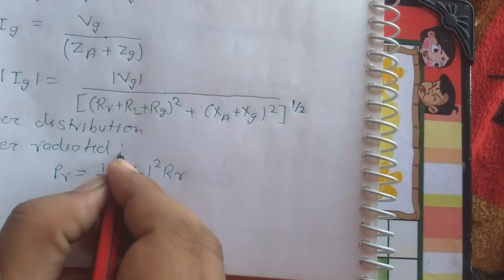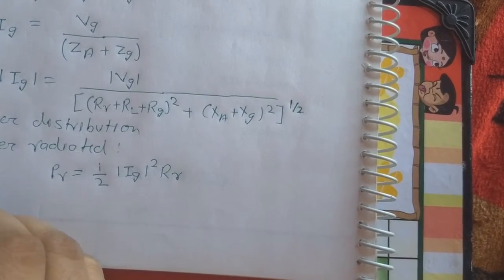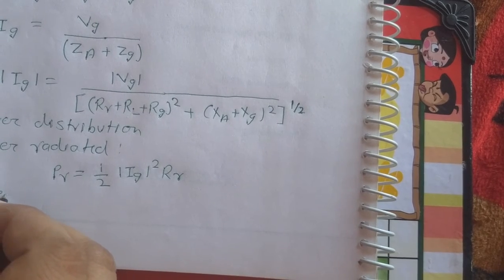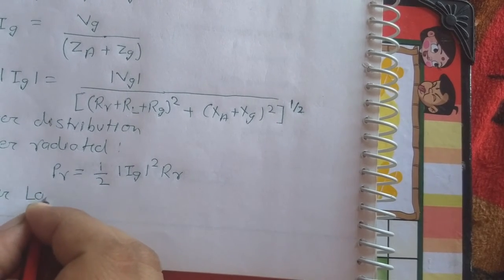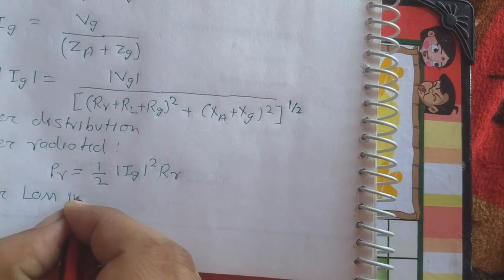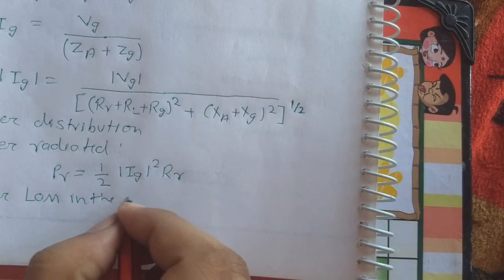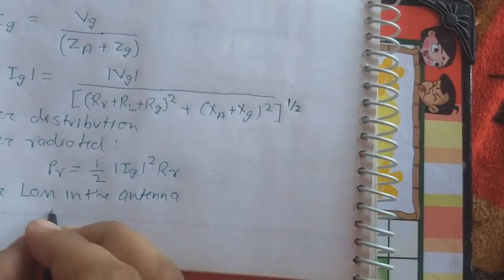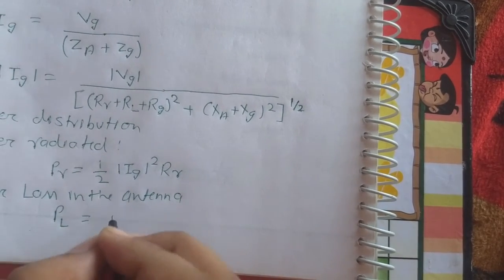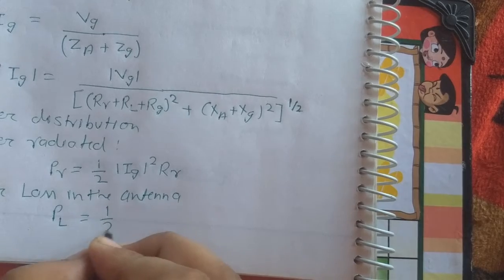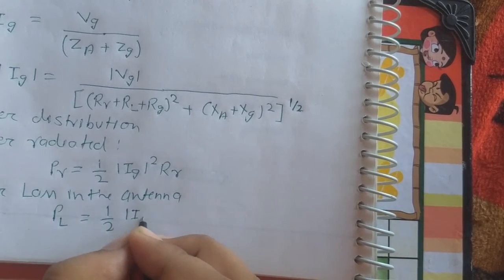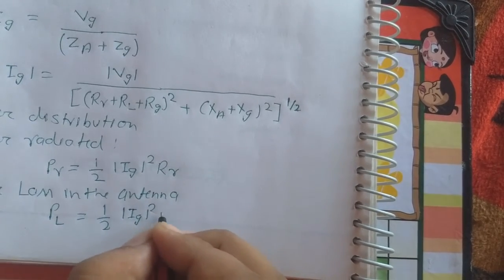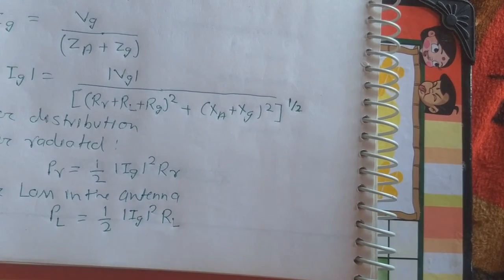This is the power radiated by the antenna, and power loss in the antenna PL equal to half mod of Ig square into RL.